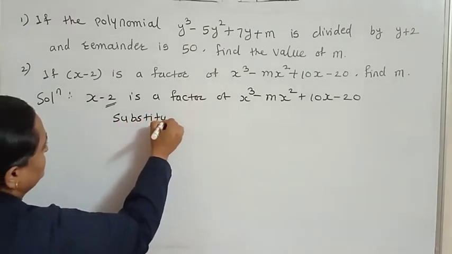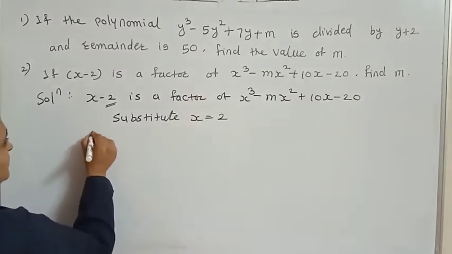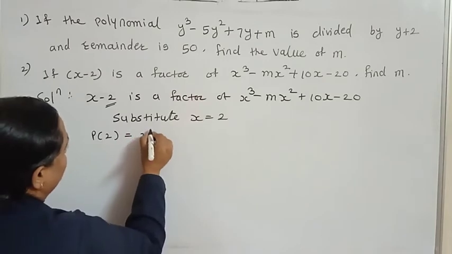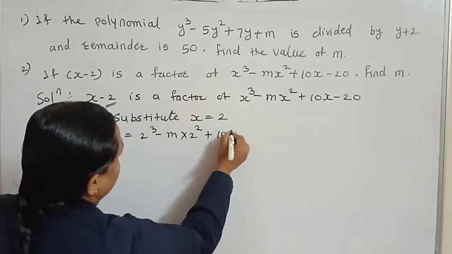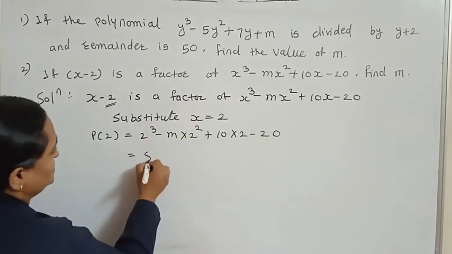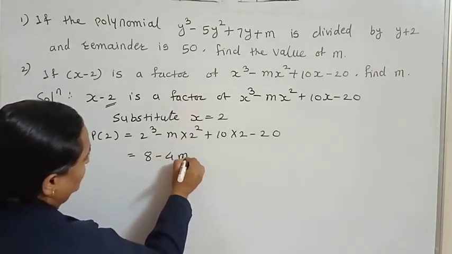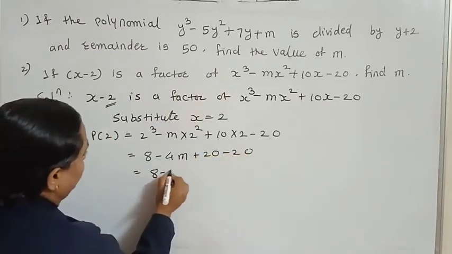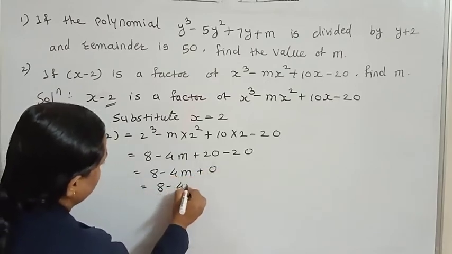Substitute x is equal to 2. Then you will get p of 2 is equal to 2 cube minus m into 2 square plus 10 into 2 minus 20. 2 cube is 8, minus 2 square is 4, 4 into m, 4m, 10 into 2 is 20, 20 minus 20 is 0, so 8 minus 4m.